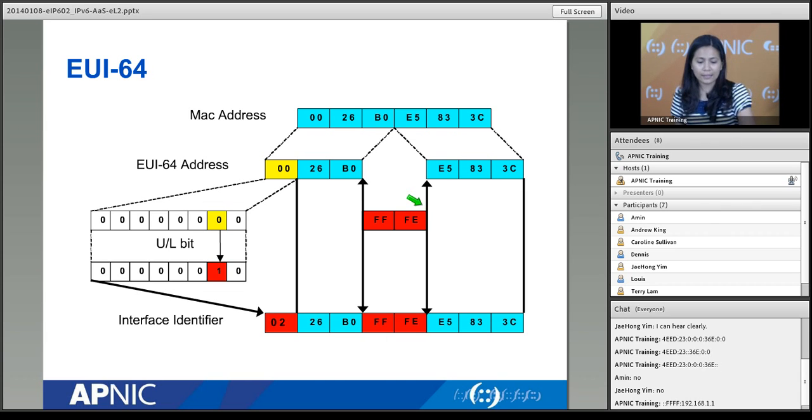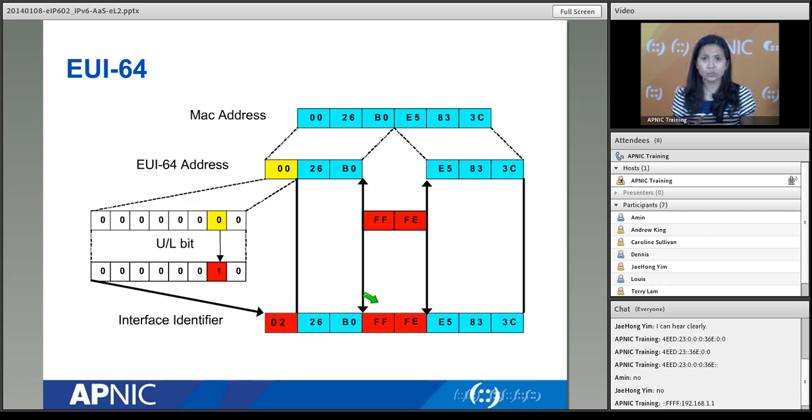The reason it's called modified is because of this: you check the 7th bit from the upper half, and then you toggle that from 0 to 1 if it's for a unique address. So in our case, we toggle that to 1. That's why instead of 00 here, we have 02, and then you have FFFE in the middle.